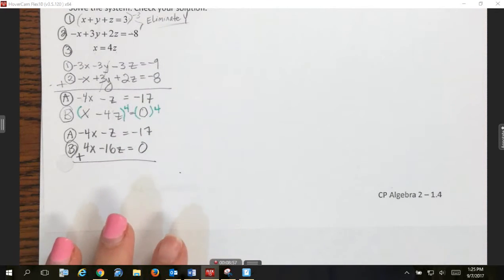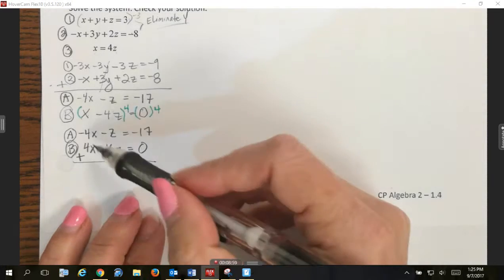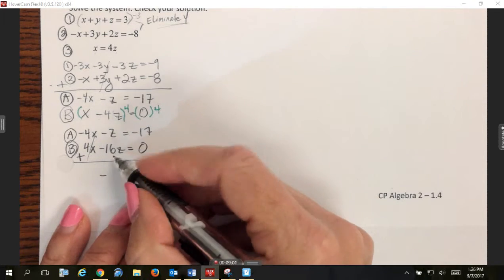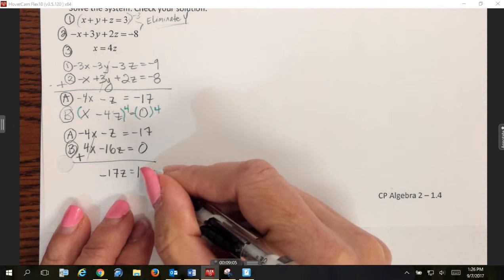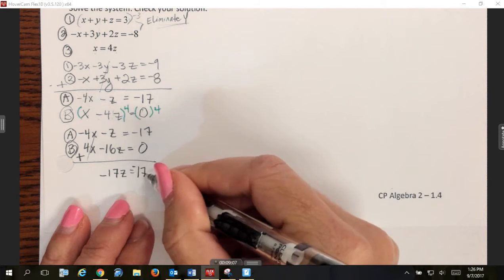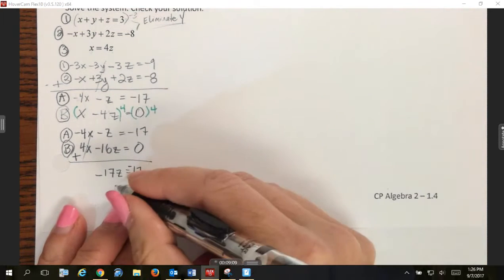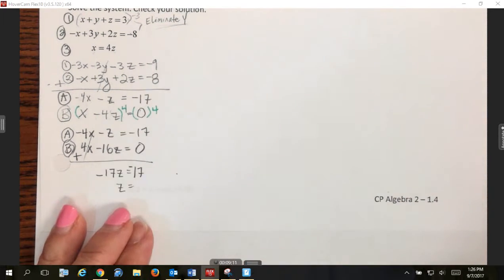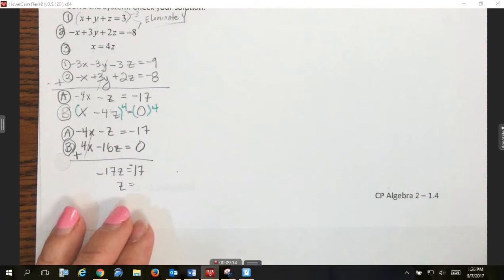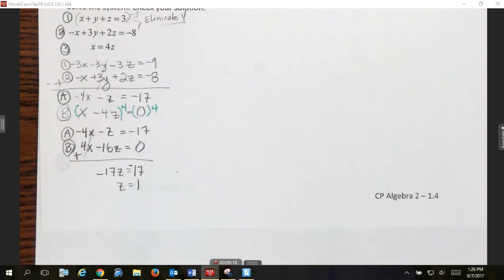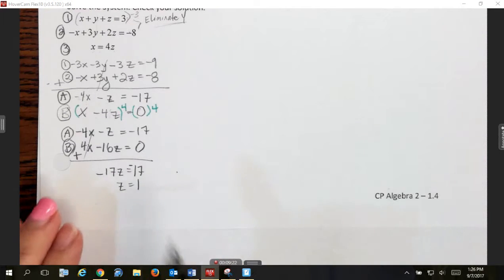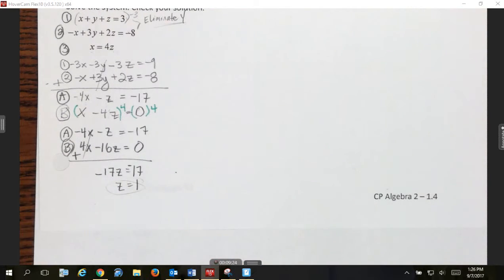I'm going to add those equations together. X cancels out. We get negative 17z equals negative 17. So what's z equal? Divide both sides by negative 17, we get z equals 1. So we have one of our variables.